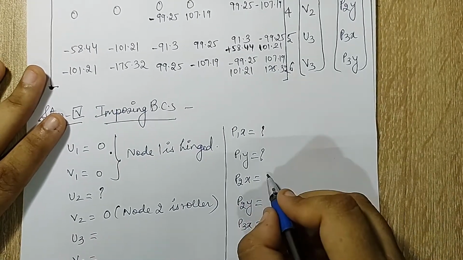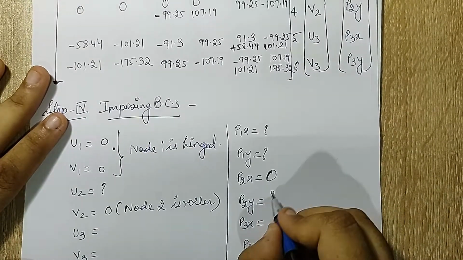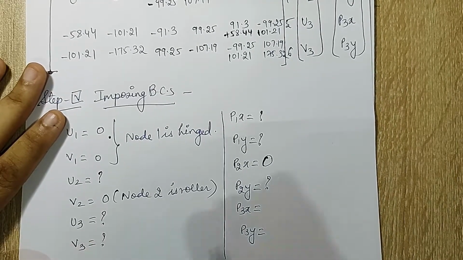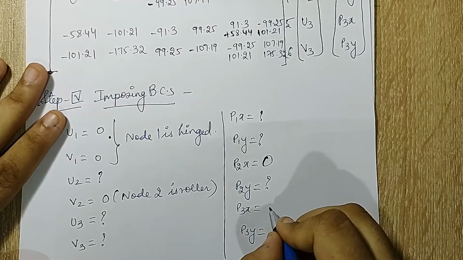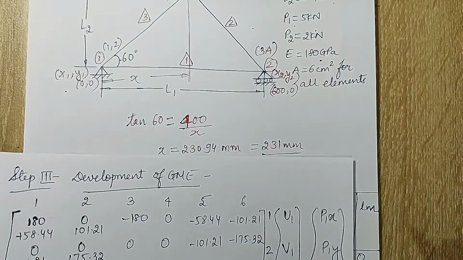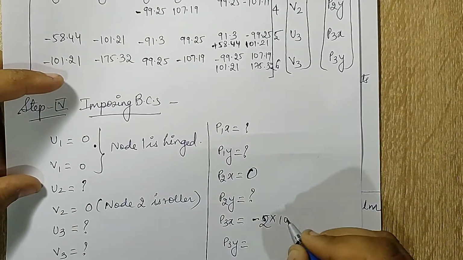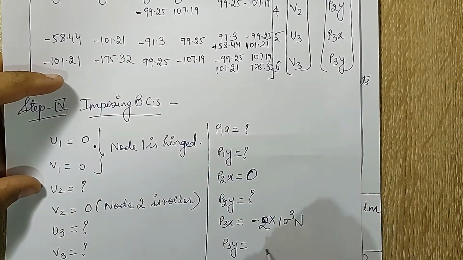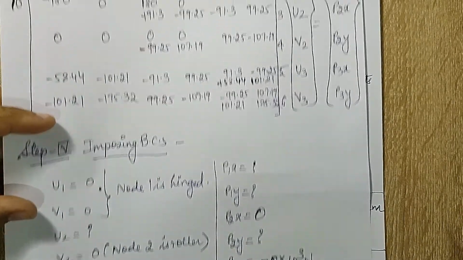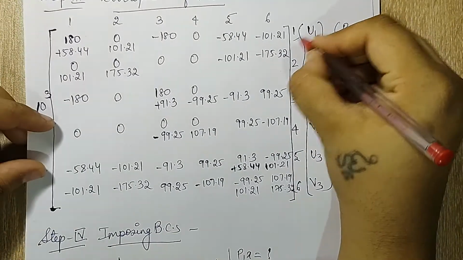U2 is free, so obviously this will be 0. Since this is 0, this has to be a question mark. At node 3, there are two loads, P3x and P2 is the load, so this value is 2 kilonewton towards the left and P1 is downward, so 5 kilonewton. So here I'll write down minus 2 into 10 raised to 3 Newton and minus 5 into 10 raised to 3 Newton.